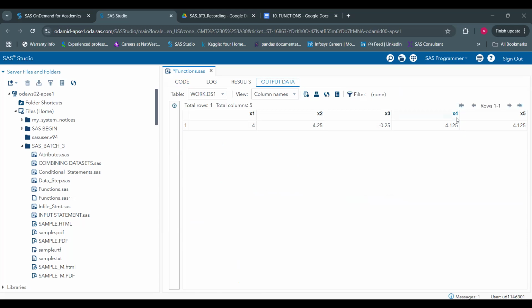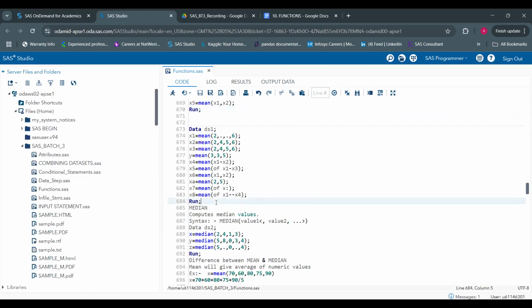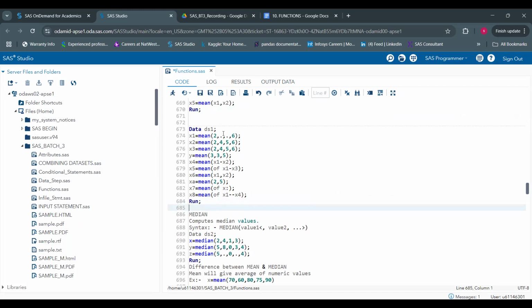If you see, x1, x4, and x5 will have the same values. This you know. Now tell me, this is x1 minus x2, so how do you calculate the mean of this one?